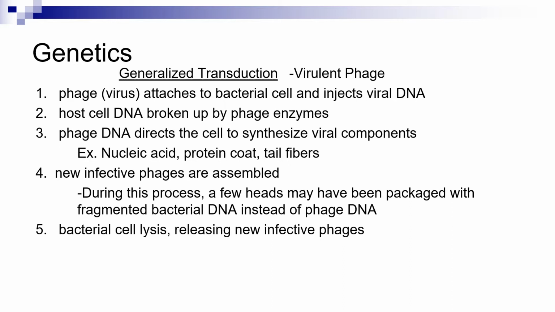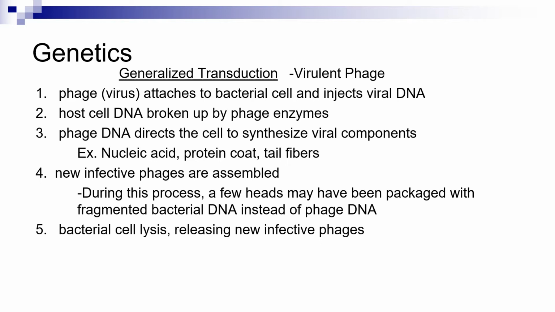So the phage DNA is now in control, and it's going to direct the cell to synthesize viral components. So the parts of the virus are going to be made by the bacterial cell. So the ribosomes are going to be important. Also the DNA polymerase, maybe the RNA polymerase, to make more of the viral genome. But then we're going to get to a point where we've got the pieces made, now we need to assemble them into new viruses.